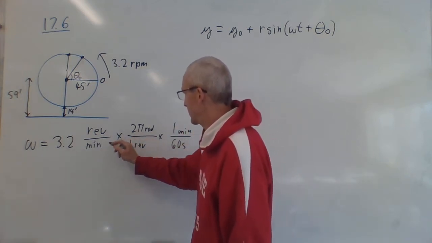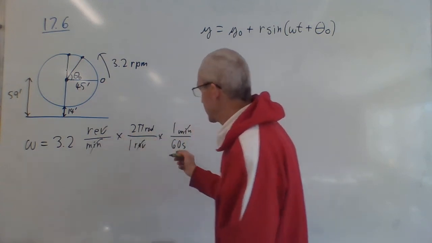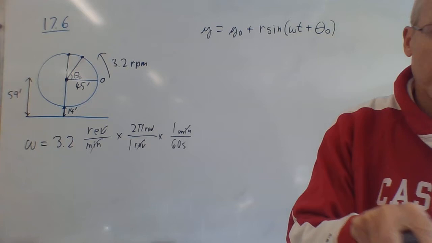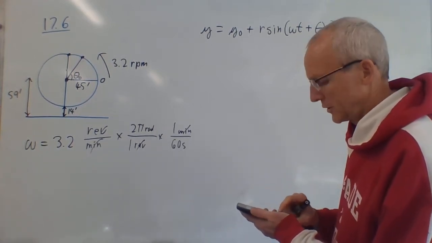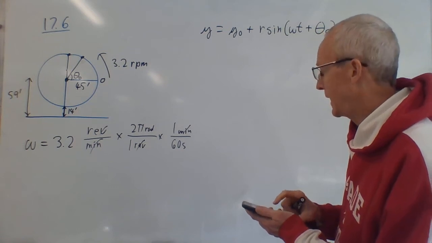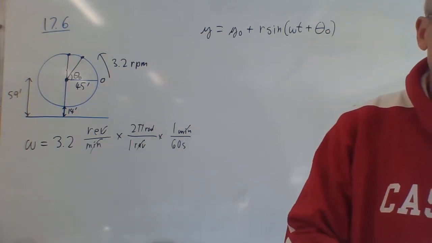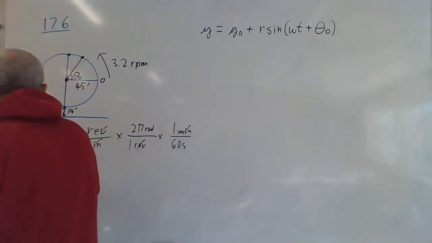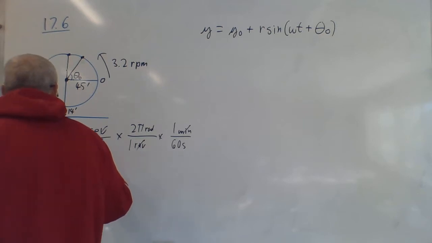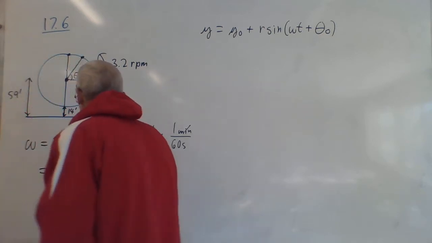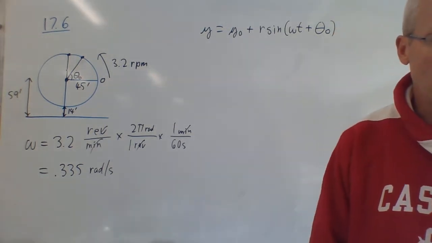Minutes cancel, revolutions cancel, and I have radians per second, what I want. So I go 3.2 times 2 times pi divided by 60, and I get 0.3351. 0.335 is good enough. So 0.335 radians per second.